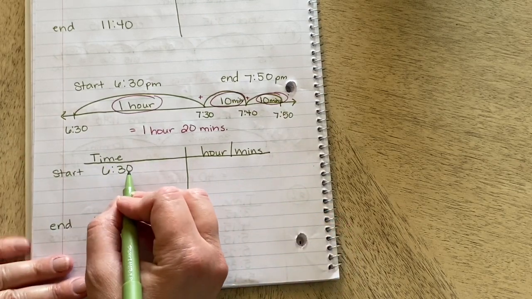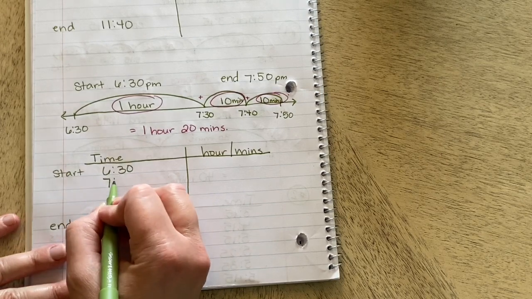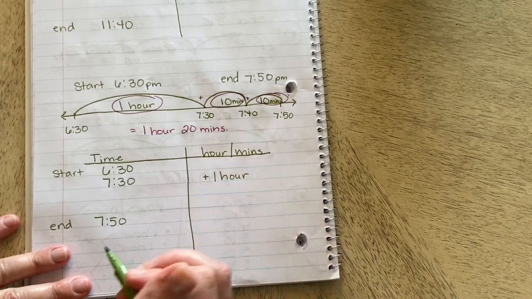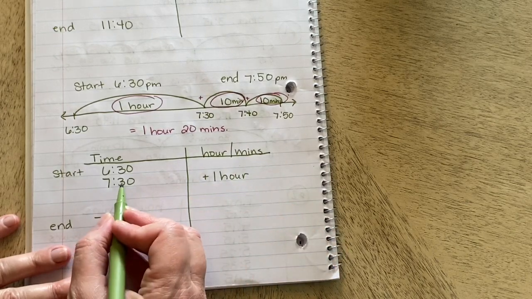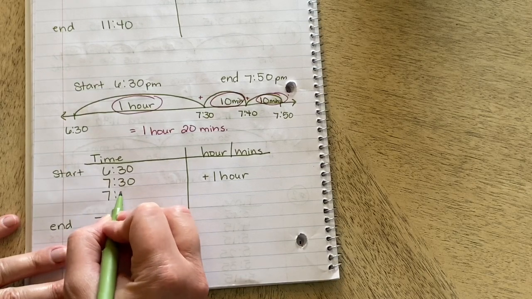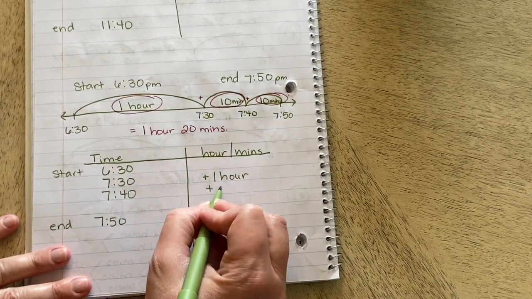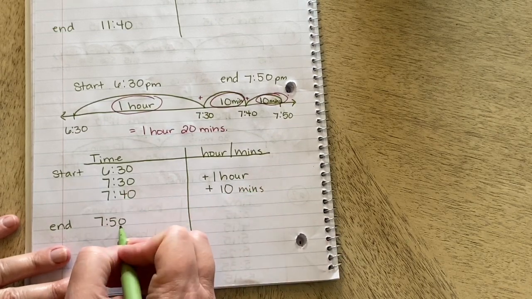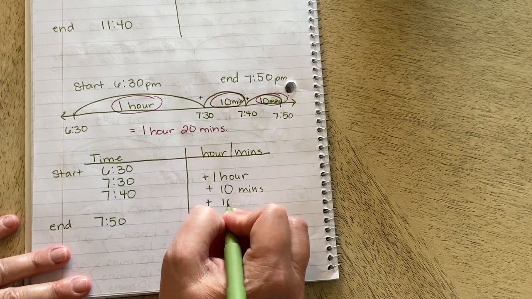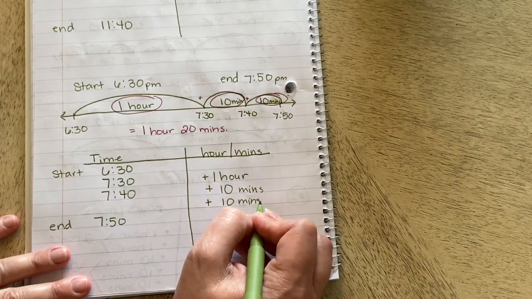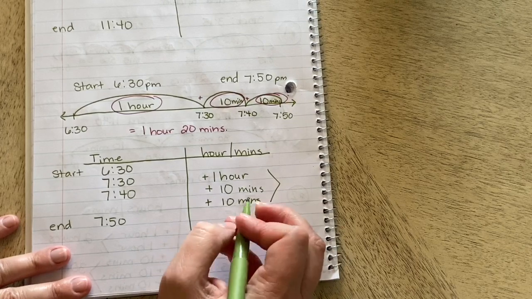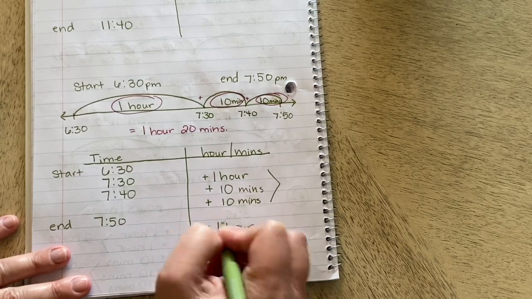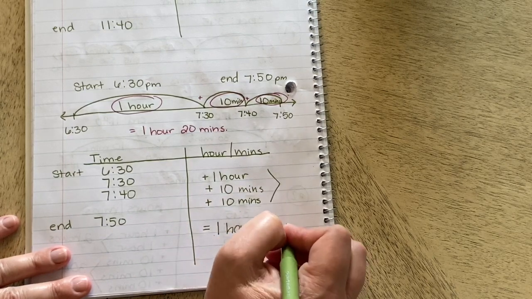So 6:30 to 7:30 is plus 1 hour. 7:30 to 7:40 is plus 10 minutes. 7:40 to 7:50 is plus 10 minutes. So then we add all of these together and we have 1 hour, 20 minutes.